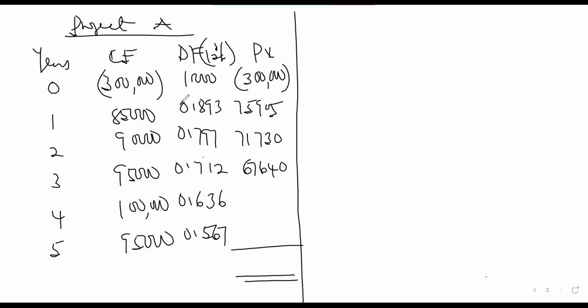Okay. Year 4 is what? 6367. Okay. Year 5: 53865. Okay.